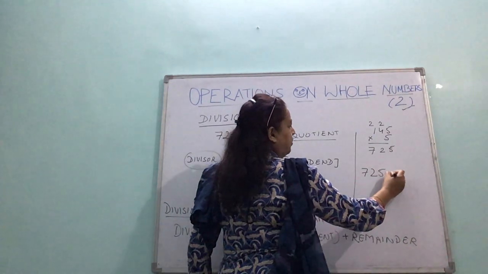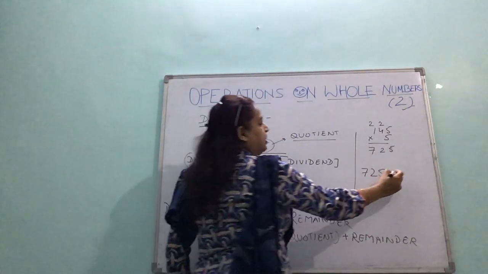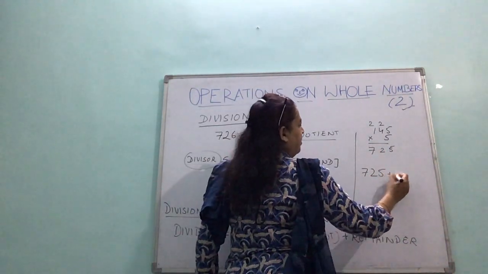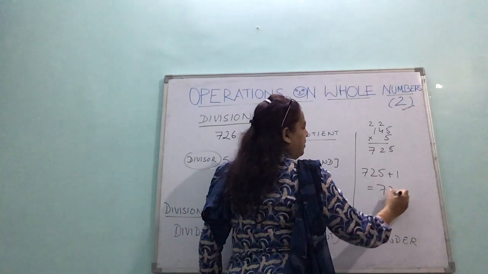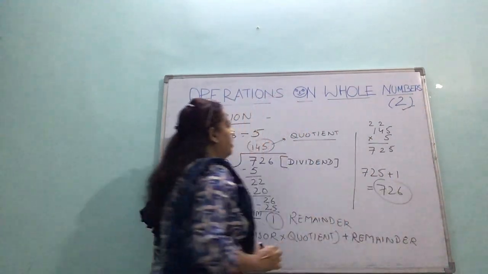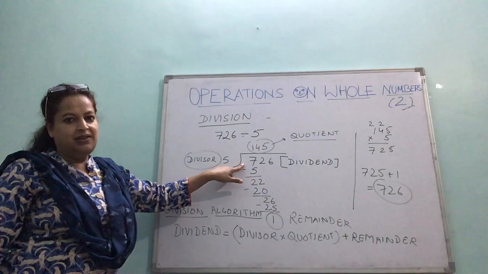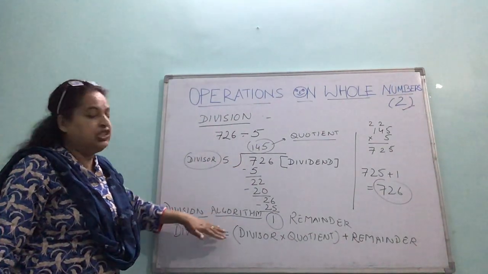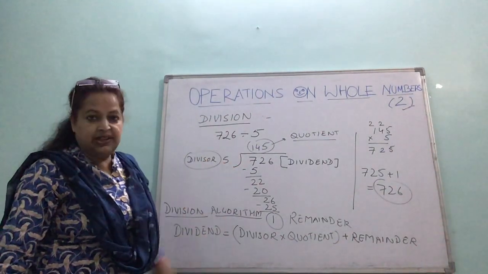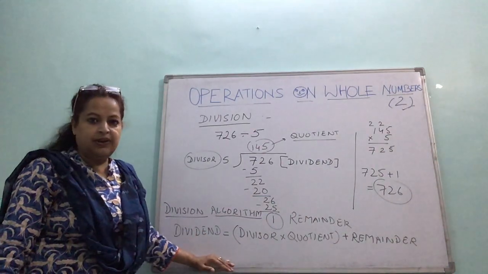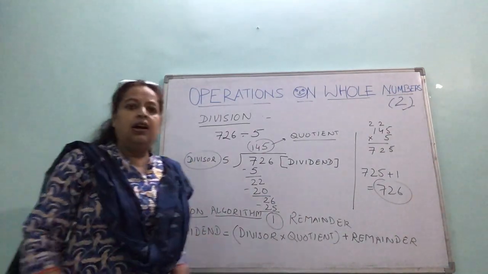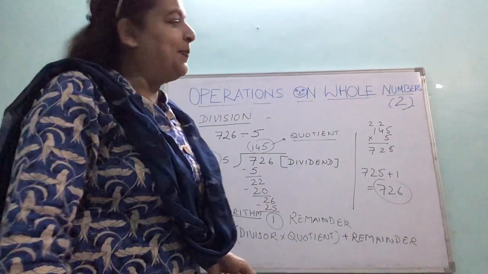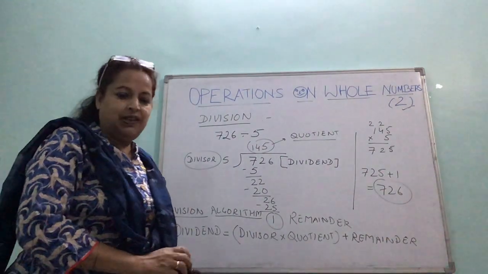So 725, the product of divisor and quotient, add the remainder. What do you get? You get the dividend. So this is how we can check whether our division is correct or not by using this algorithm.